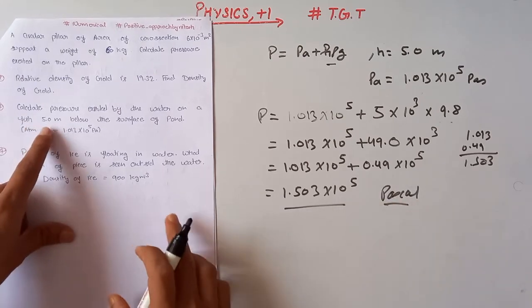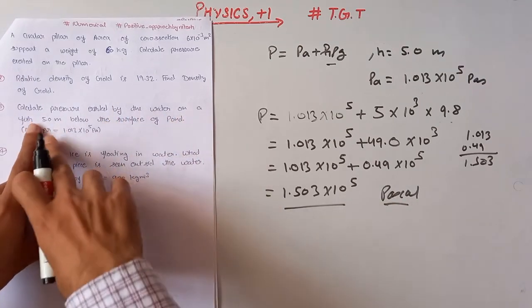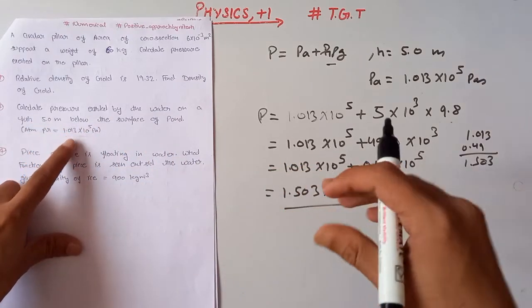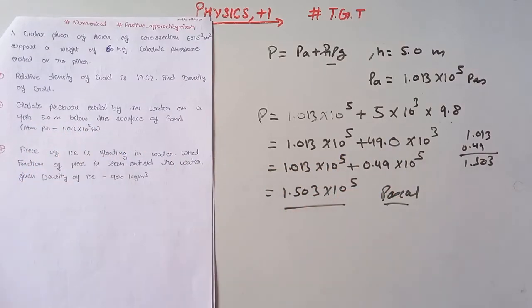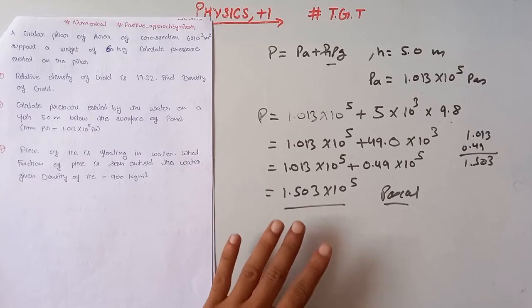This is the pressure exerted by water on a fish which is 5.0 meters below the surface of the pond. I hope the numerical is clear to you.